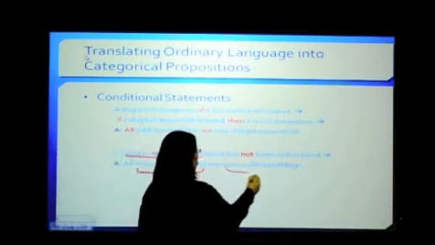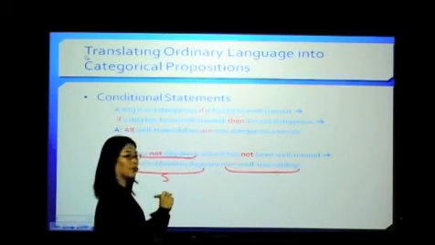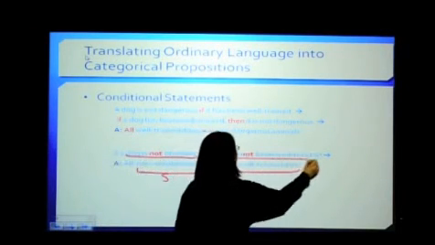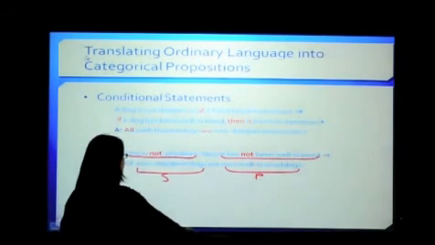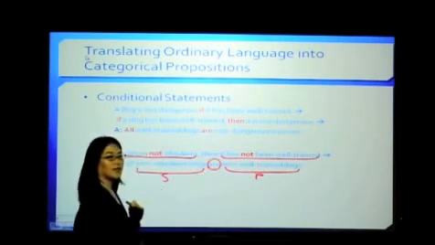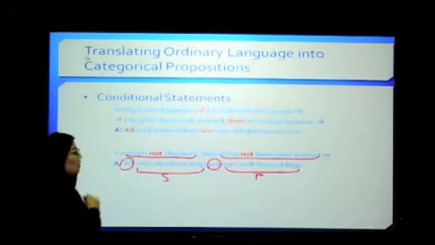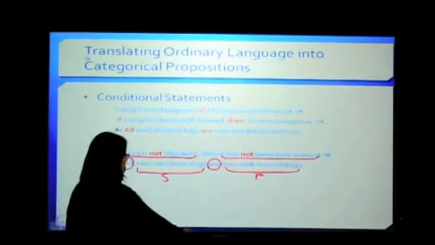And then we have non-well-trained dogs as the predicate term, given to us by the consequent of the conditional, okay? And we have here are as the copula and all as the quantifier.